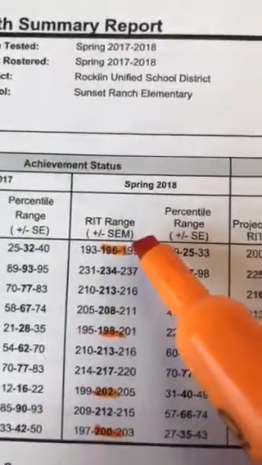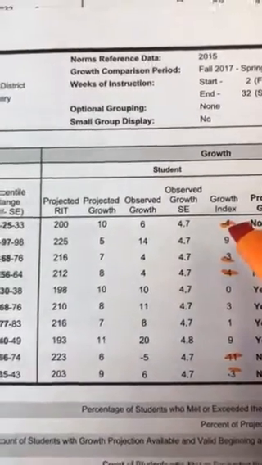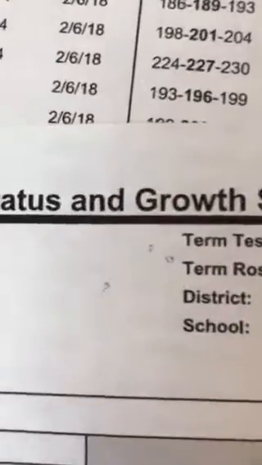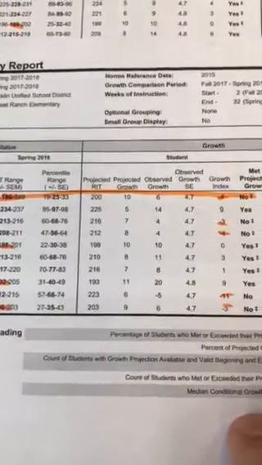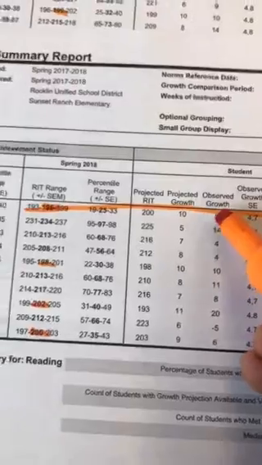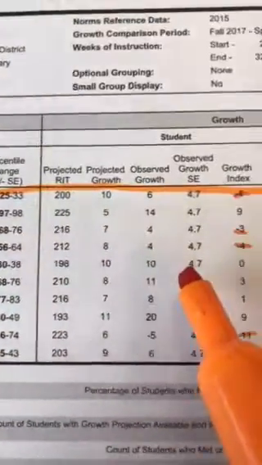I see a student who's at 196 and they have -4 growth. So that's one of those double situations where here's a kid that I actually want to spend more time getting to know, because they're not achieving standard and they're not making the growth they should, although they are making some growth.